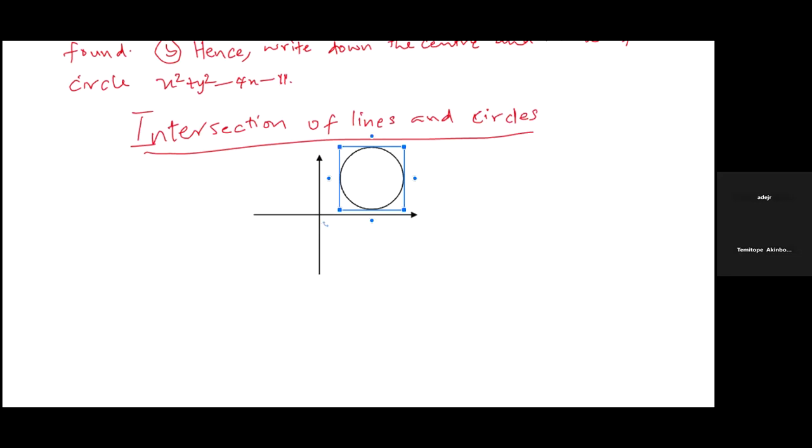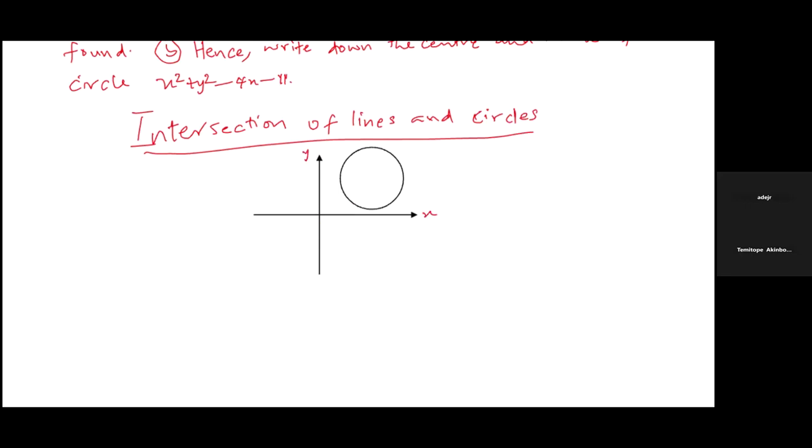Okay, suppose we have this circle. This is the y-axis. This is the x-axis.